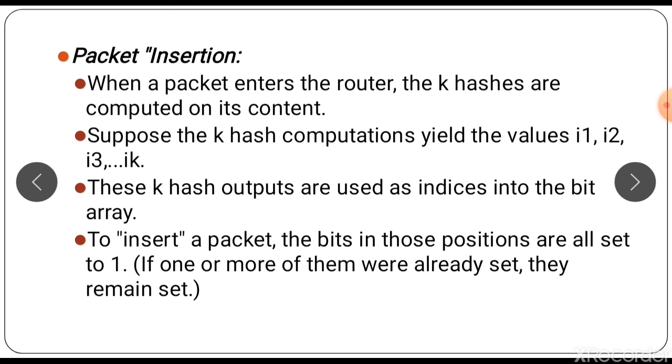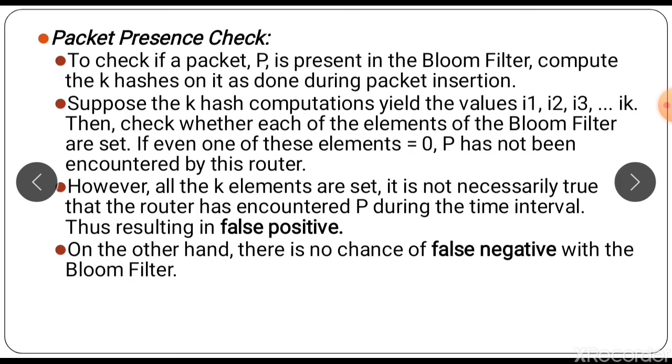These k hash outputs are used as indices into the bit array. To insert a packet, the bits in these positions are set to 1. If one or more of them are already set, they remain unchanged. Neither the packet itself nor the computed hashes are stored. Instead, only the relevant bits are set.